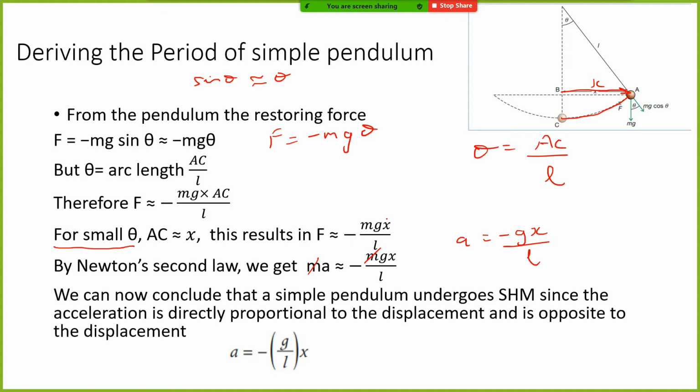Anybody remember that equation that relates acceleration in terms of simple harmonic motion? It's an equation that we have to remember once we're dealing with simple harmonic motion for the acceleration. Do we have any idea what the equation is?